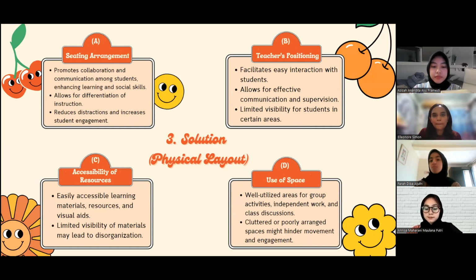B is teacher's positioning: facilitates easy interaction with students, allows for effective communication and supervision, but limited visibility for students in certain areas. C is accessibility of resources: easily accessible learning materials, resources, and visual aids.